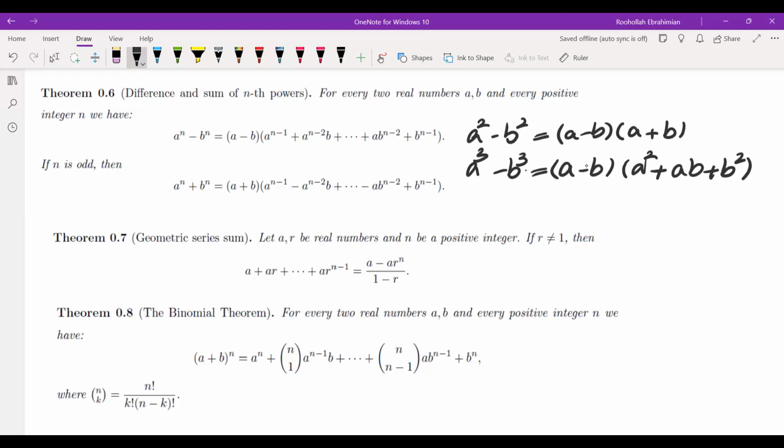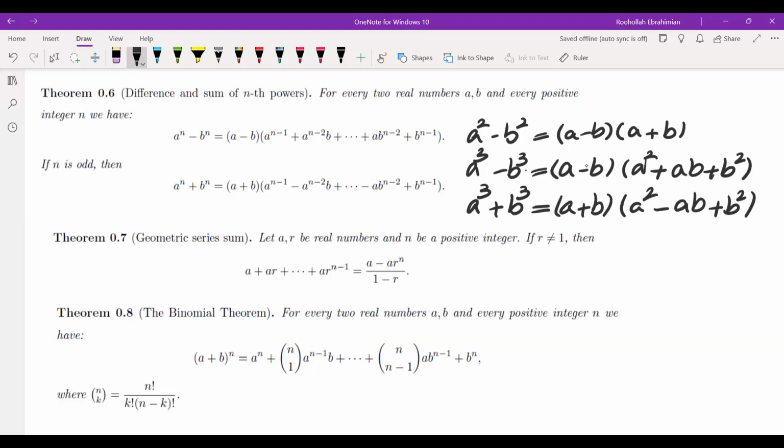Now, if n is odd, then we can also talk about sum of nth powers. And all we need to do is to replace b by negative b. And we're going to get a plus b here, a squared minus ab plus b squared, if I replace b by negative b. So a to the n plus b to the n has a similar identity.